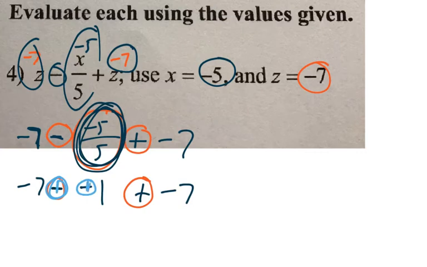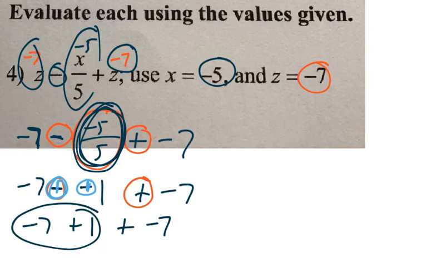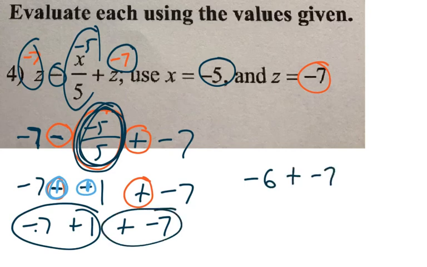So what I really have is -7 plus 1 plus a -7. And when I do this plus first, -7 plus 1, I get -6. When I add the -7 with it, I get -13.